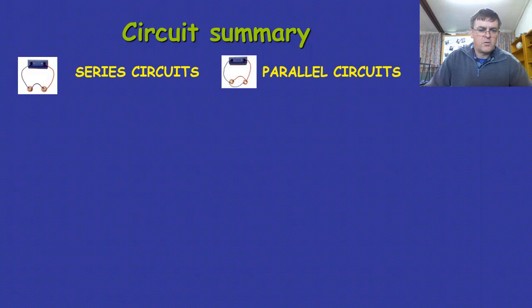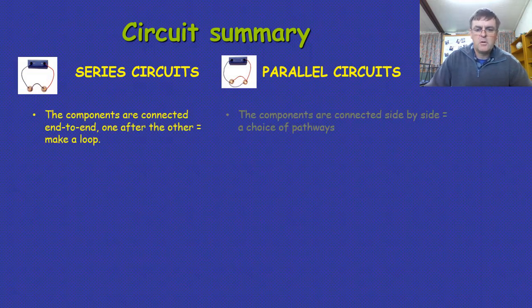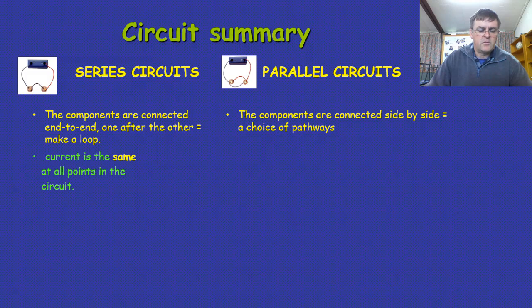So let's summarize all that. Series circuit, parallel circuits. Continuous end-to-end loop in a series circuit. We've got a choice of pathways in a parallel circuit. They're joined side by side. The current is the same at all places in a series circuit. The current is shared out between the pathways that we have in a parallel circuit.